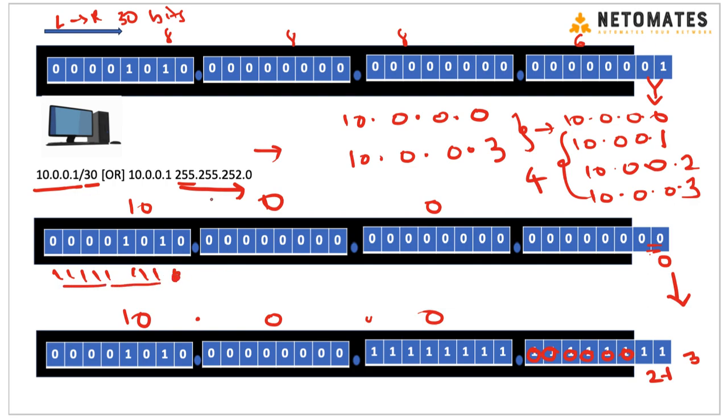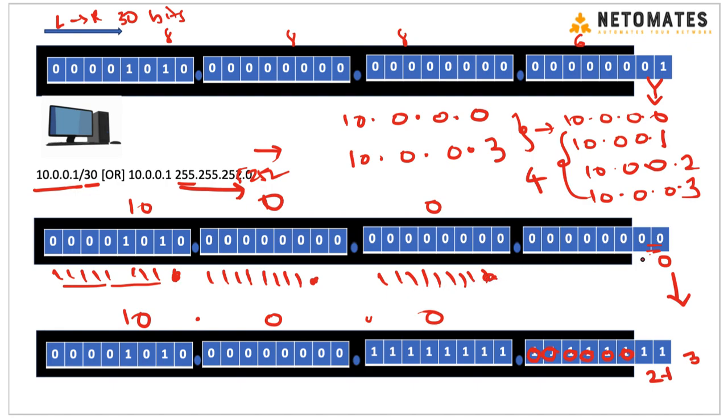Okay, then another 255, 1 2 3 4 1 2 3 4, another 255, and here 252, all 8s, 1 2 3 4 1 2 3 4.